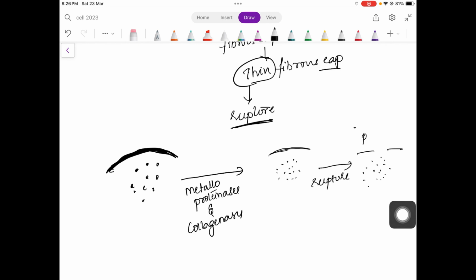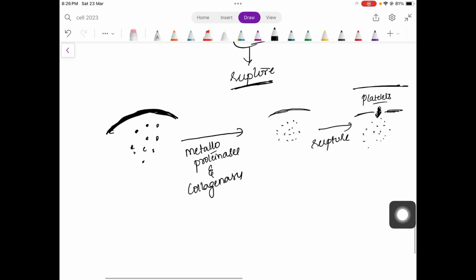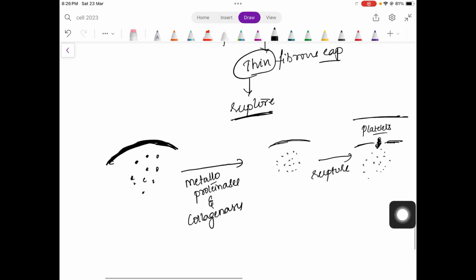So here this is the lumen. Here there is a rupture of the fibrous cap. In this we have platelets, and these platelets will come in contact with the foam cells, and the platelets will form a platelet aggregation.